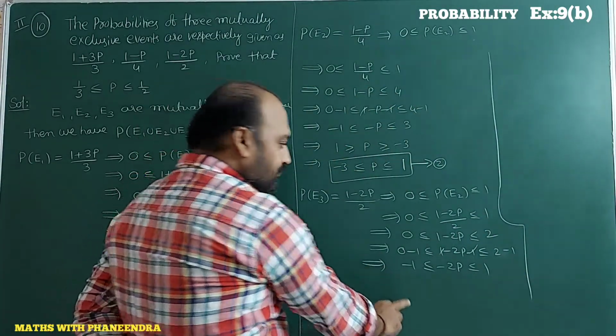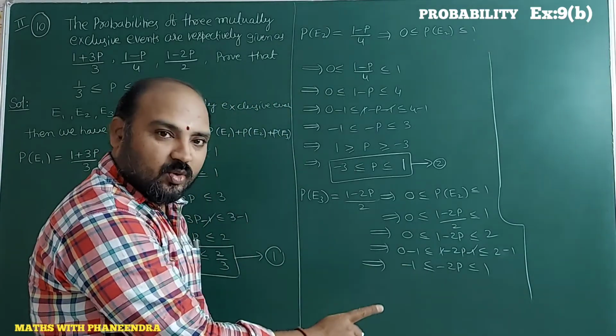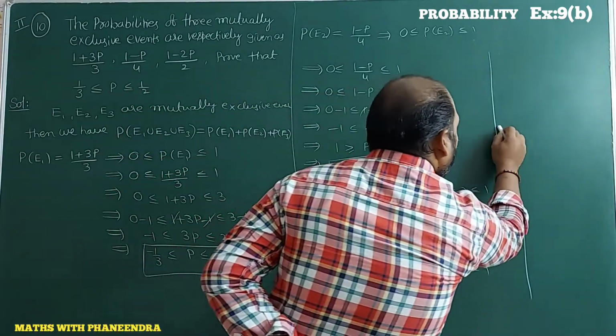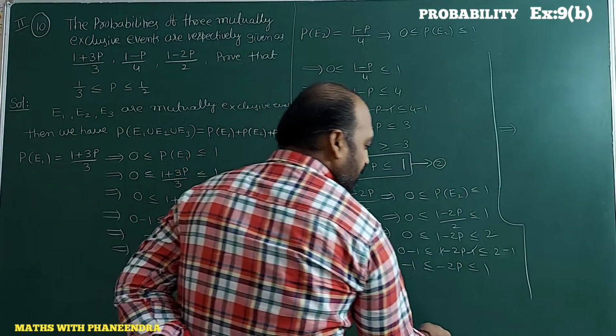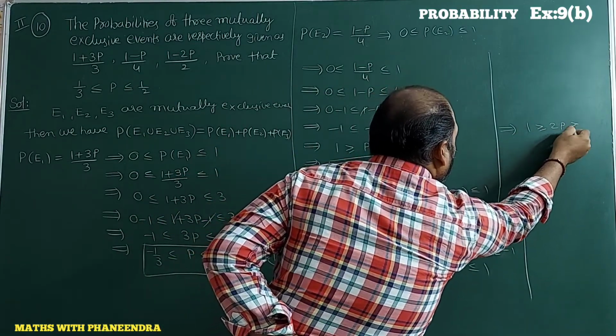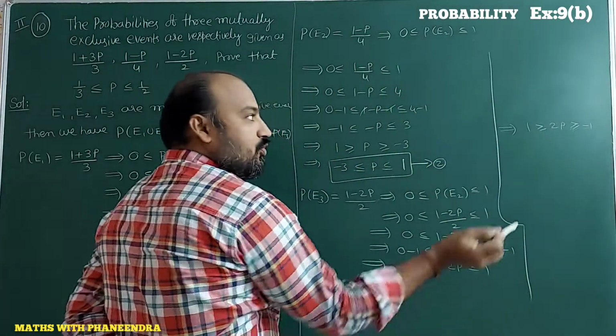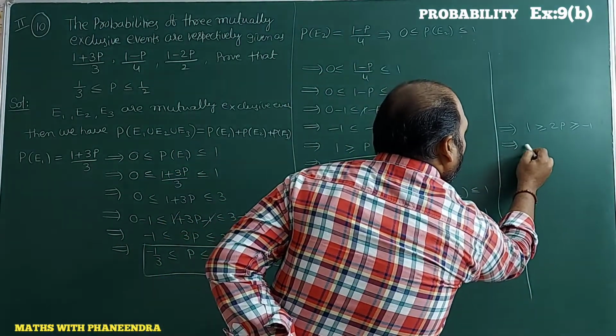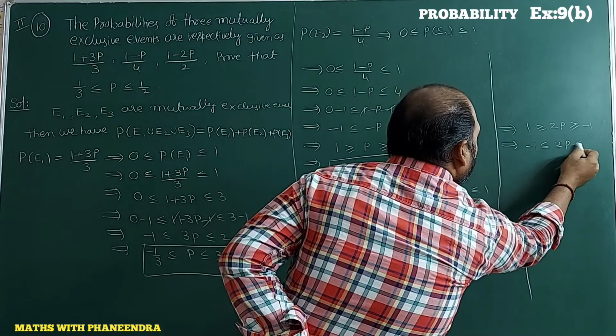From here, if you multiply by minus, the inequality will change, no? I already said that. 1 is greater than or equal to 2p is greater than or equal to minus 1. So if you write the reverse, minus 1 is less than or equal to 2p is less than or equal to 1.